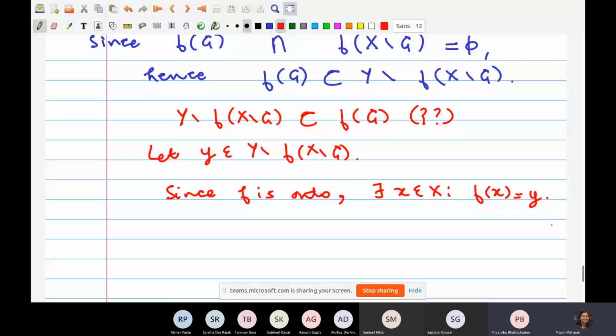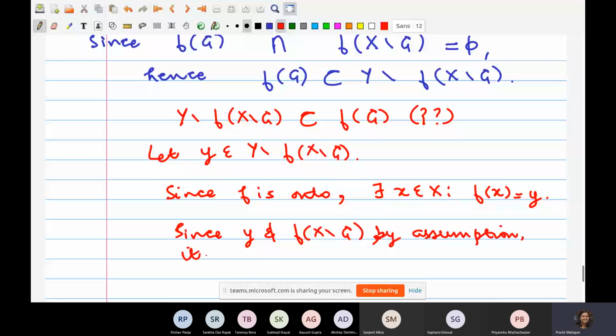Now, since y does not come from this portion by assumption, what does it imply?